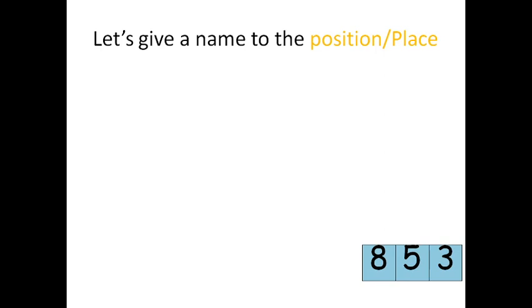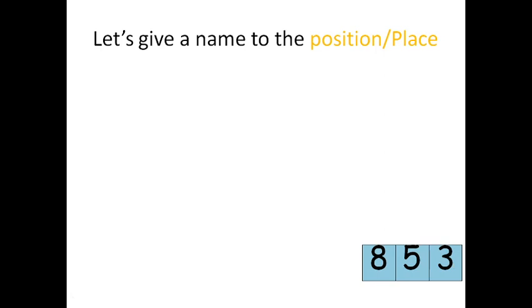That means I am giving you this number, 853. So you know that this number includes 3 digits and 3 positions. So what are the 3 positions? What is the first position? What is the second position? And what is the third position?